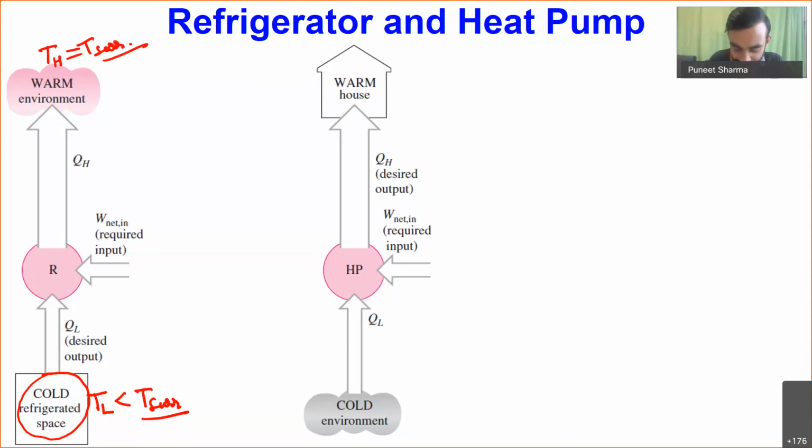Then if I talk about a heat pump, the operation is the same: we take heat from low temperature and supply it to high temperature, but the idea is different. Here we want to maintain our space at some temperature TH, and this TH has to be above the surrounding temperature.